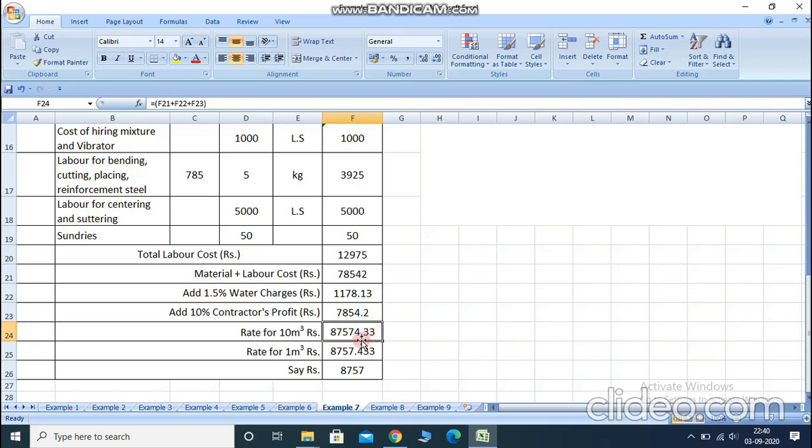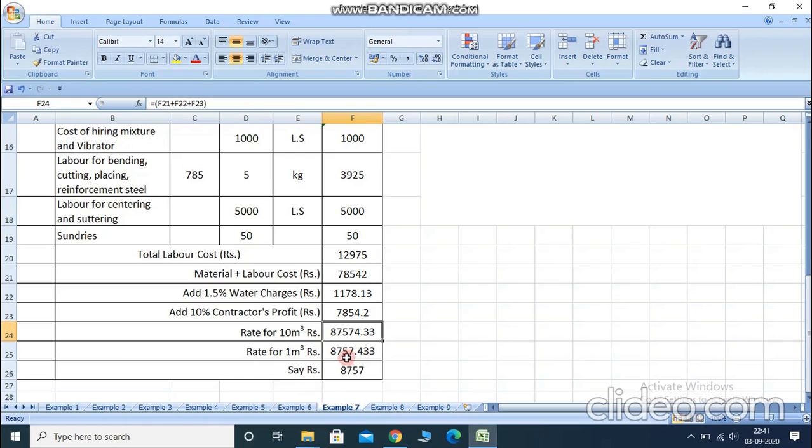So total answer is 87,574.33 rupees, which is the total amount for 10 meter cube RCC work of ratio 1:2:4. Now the per meter cube rate is this value divided by 10, because the answer we got is for 10 meter cube.